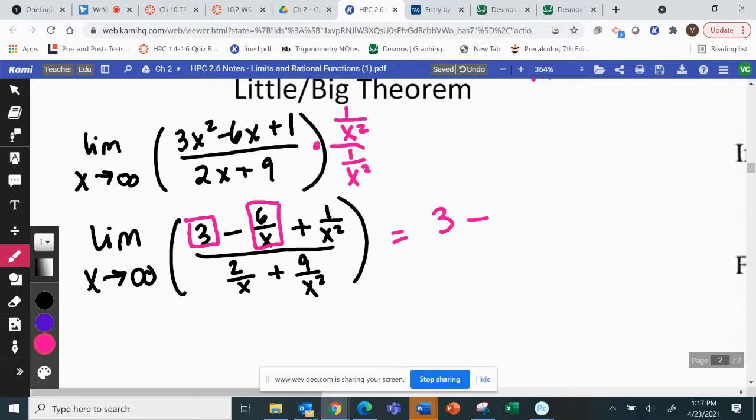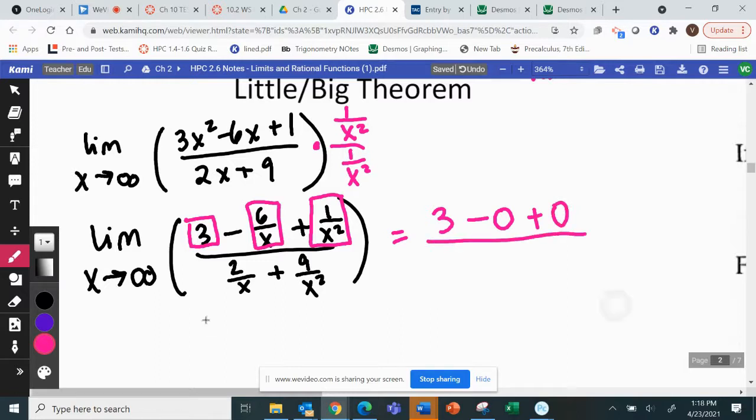As x gets closer to infinity, what's happening to 6 over x? It's approaching 0. And this one, 1 over x squared. If I plug in bigger and bigger numbers for x, this one's squared, so they're just going to get bigger faster. So 1 over some very large number is going to be 0.